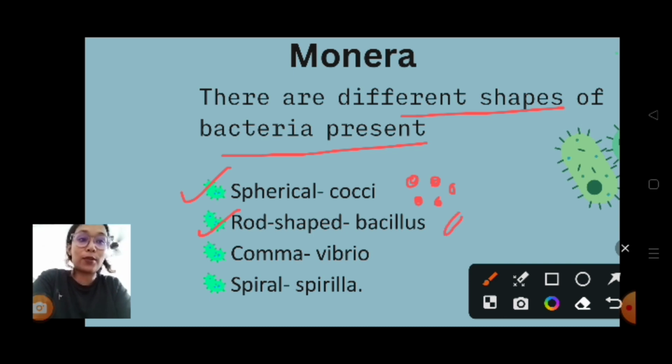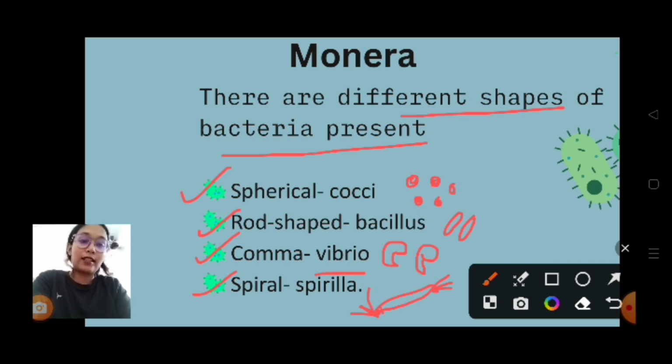Some are comma-shaped, known as vibrio. And spirilla, something like this, having flagella.